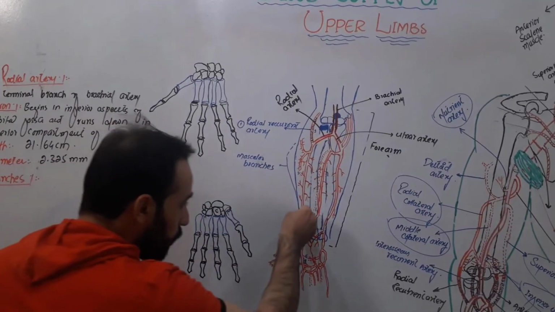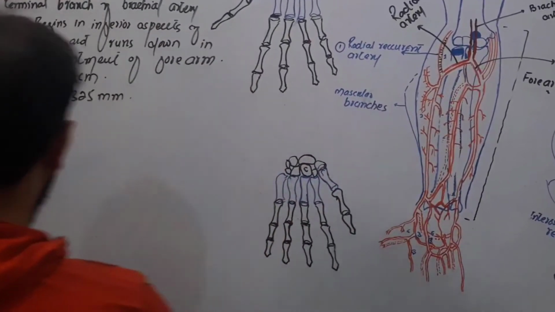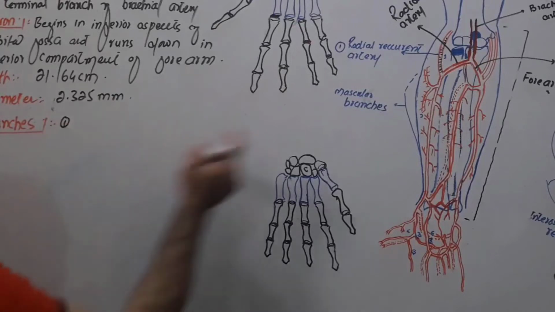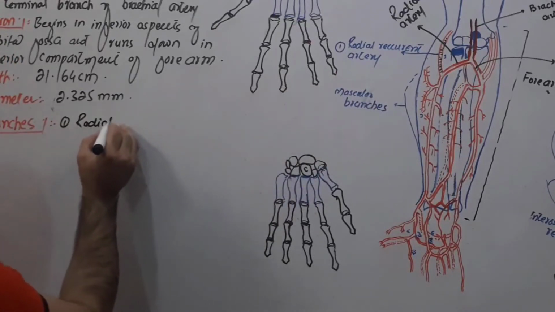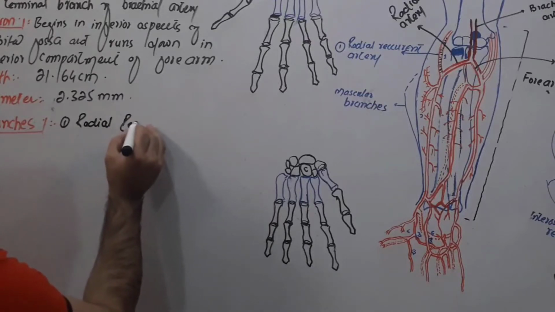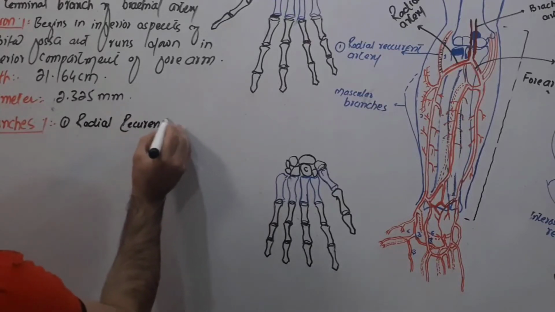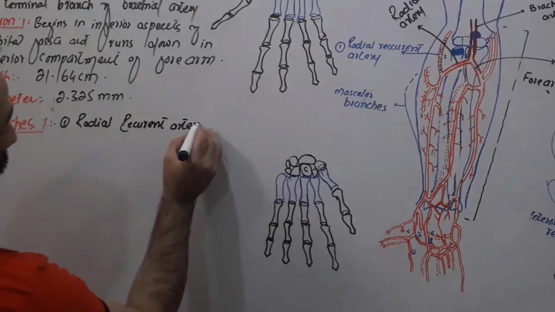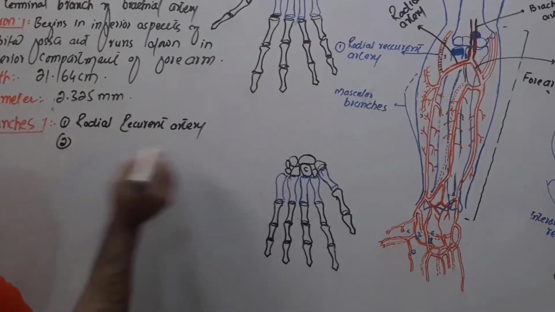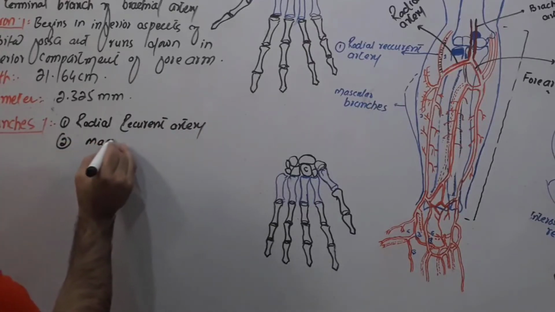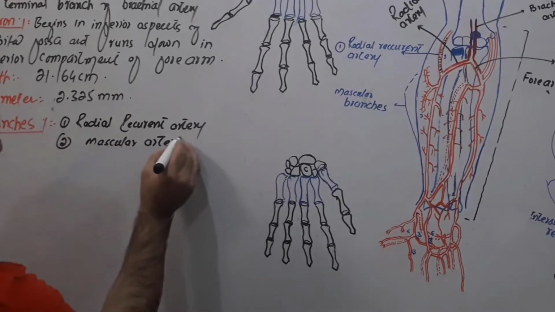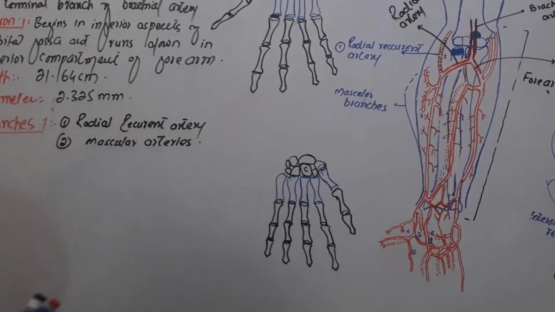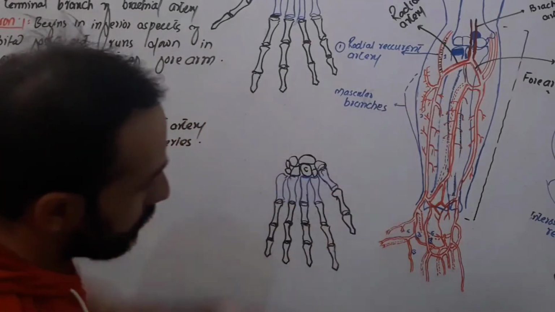Okay, then we move further down. Up to now we have mentioned two branches: the radial recurrent artery, this is its first branch, then the second branch, the muscular arteries. Many and lots of muscular arteries.